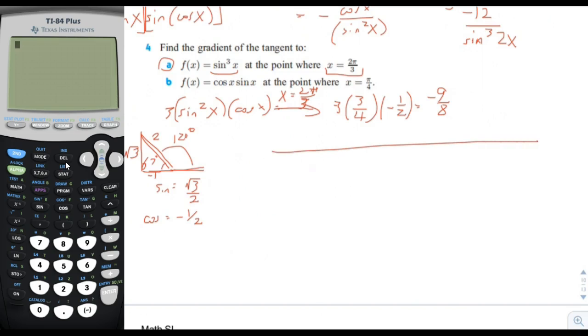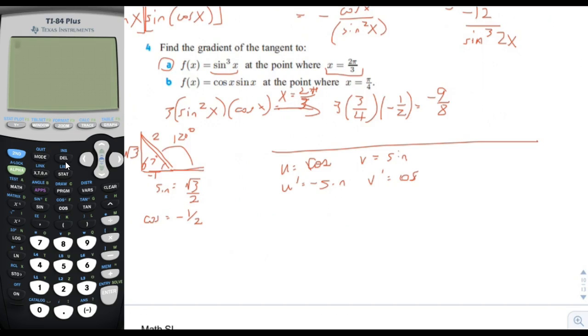So b. The function is cosine x times sine x. So let's find the derivative of cosine x times sine x. Well, cosine times sine is a product, so we're going to use the product rule. So u is equal to cosine, v is equal to sine, u dashed is equal to negative sine, and v dashed is equal to cosine.